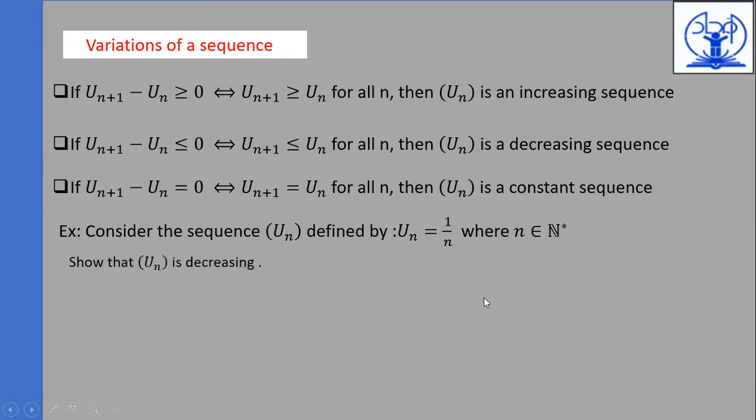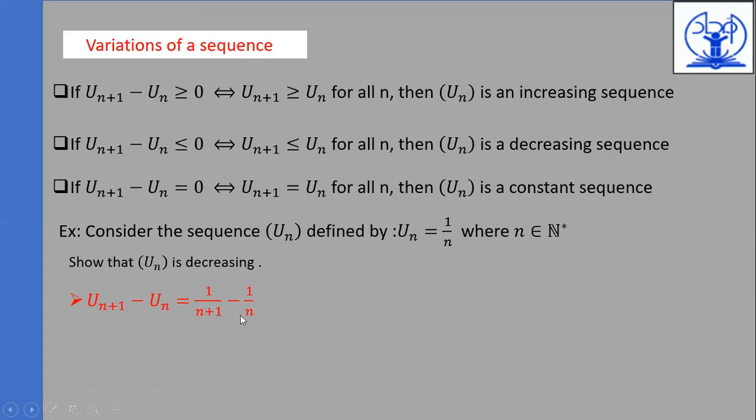If the question is show that un is decreasing, we saw that the terms, when we plotted them on the axis, we conjectured that it seems that the sequence is decreasing, but that was not a formal proof. If I want to prove it formally, I need to study the sign of un plus 1 minus un. So I find un plus 1 by plugging in n plus 1 for n here.